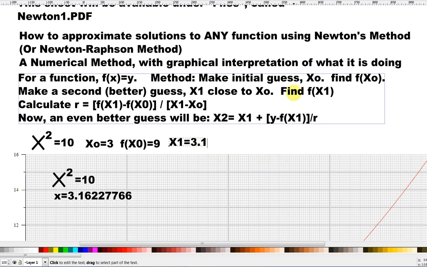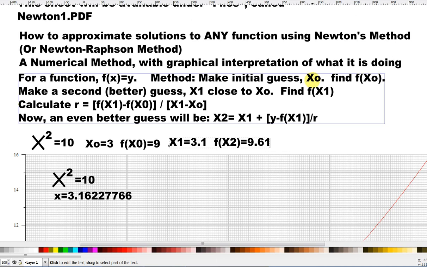And then, once you make that slightly better guess, see if it's actually a better guess. So plug it in and find f of x1. So what is 3.1 squared? Well, let's put that in our calculator. 3.1 squared equals 9.61. So f of x1 equals 9.61. So that is a better guess. We're getting a little closer to 10 when we square it.